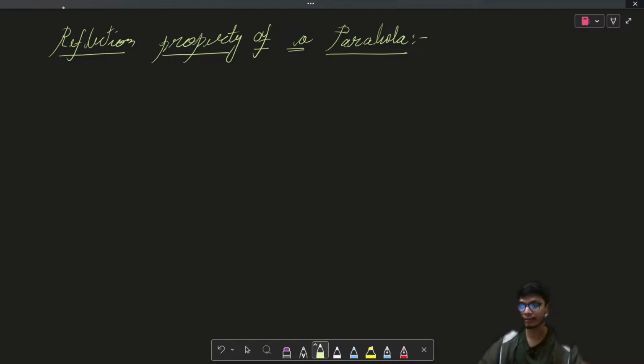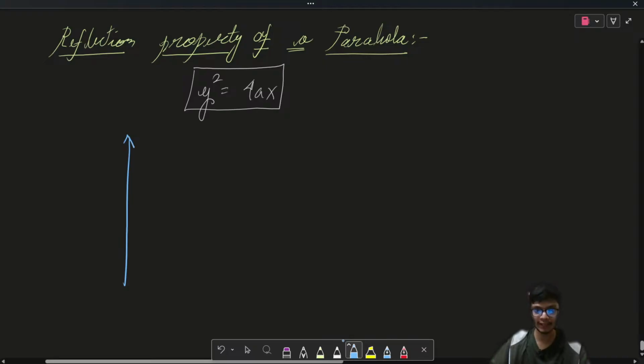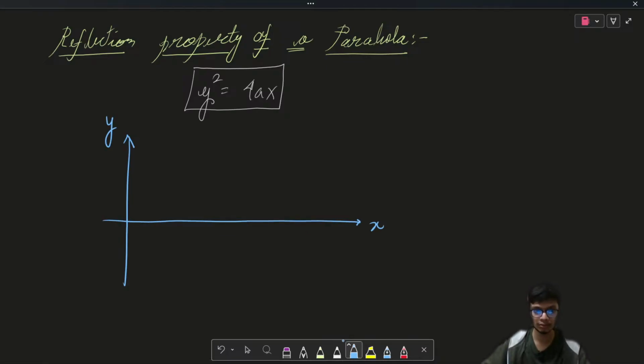So let me take the case of a standard parabola, like y square equals 4ax, which is my standard parabola, and let me try to draw that over here, right? If I draw that in my x and y coordinates, the parabola would look something like this, right?